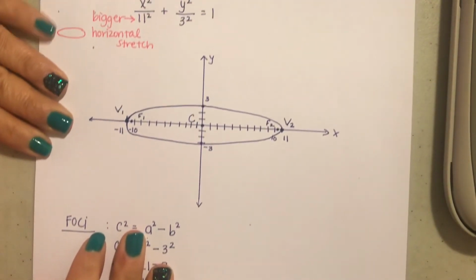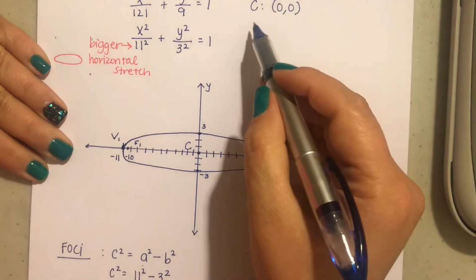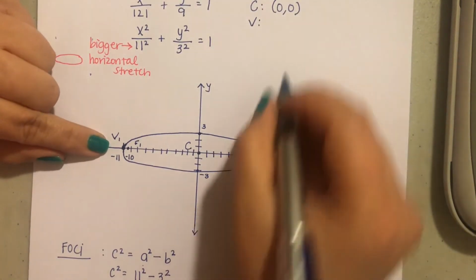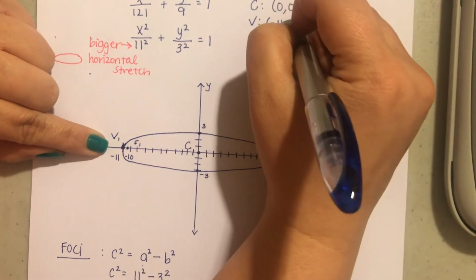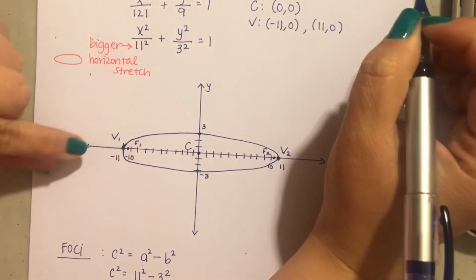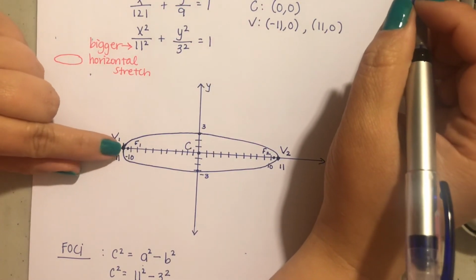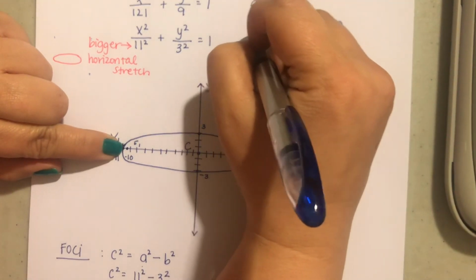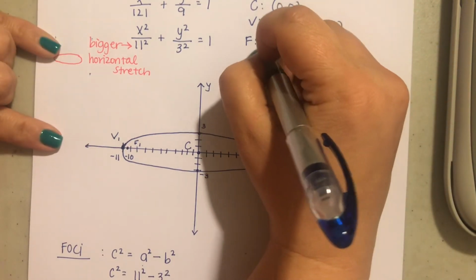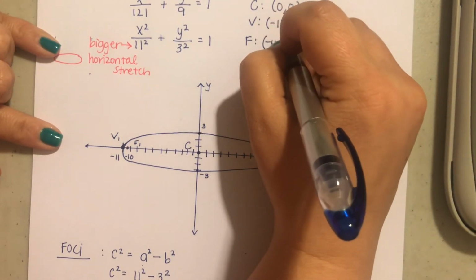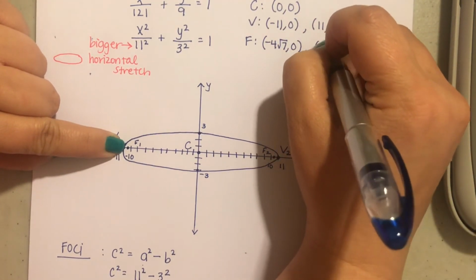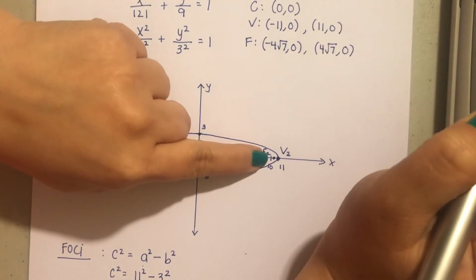If I go up a tiny bit, I want to add to this list where my center was. What are the ordered pairs for our two vertices? We can see one right here is -11, 0, and the other over here is 11, 0. We also have the coordinates for our foci, and I'm going to use my square root value from the bottom of this: -4 square root 7, 0, that's here, and 4 square root 7, 0, that's over here.